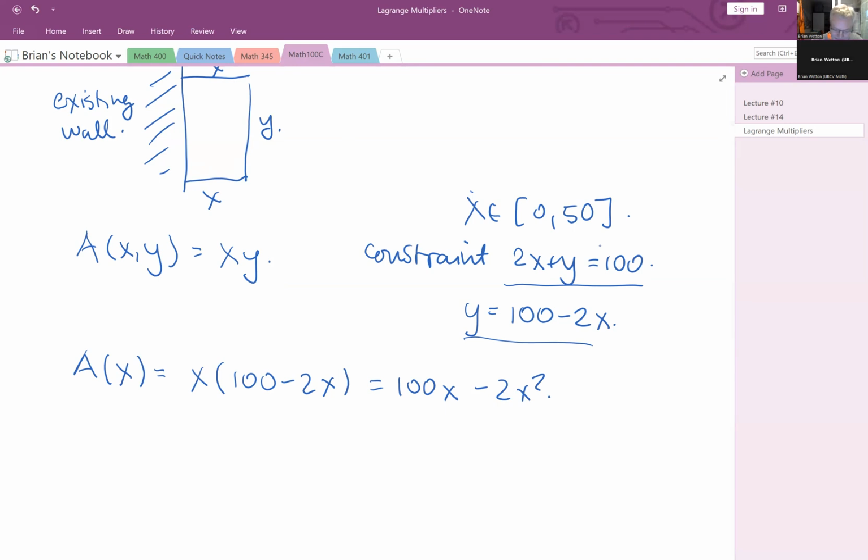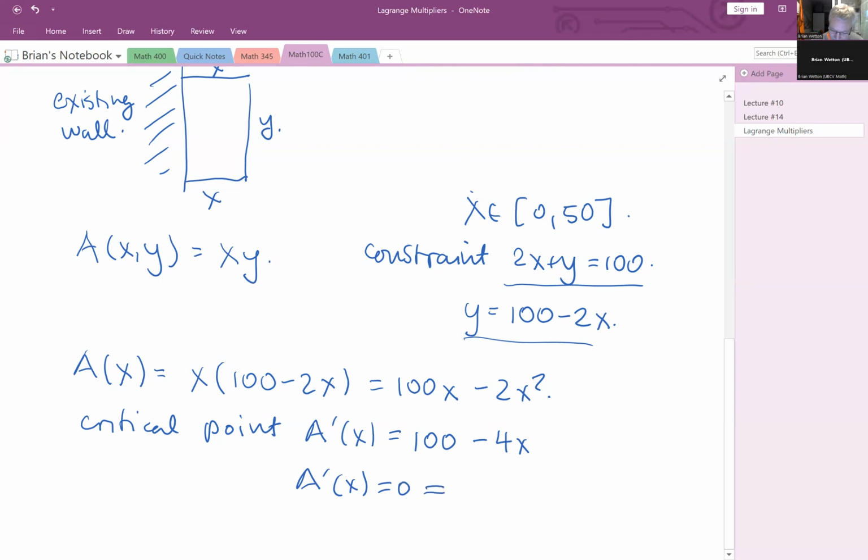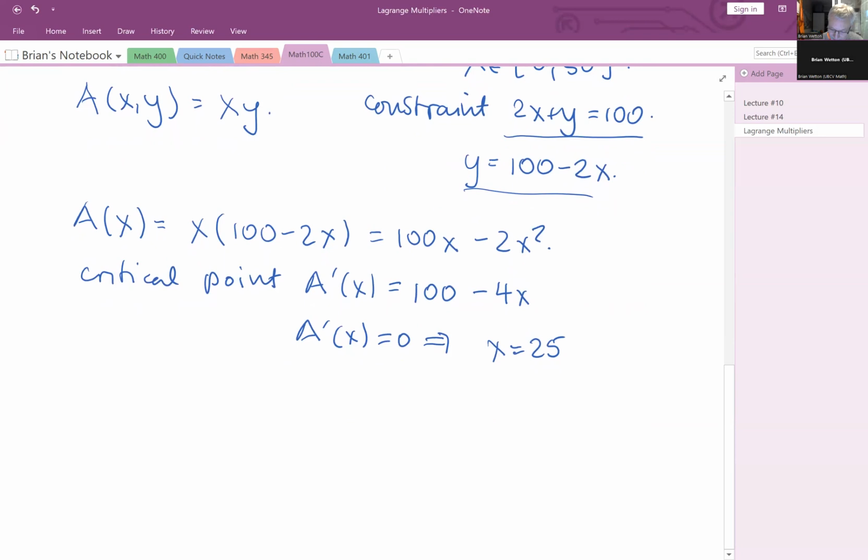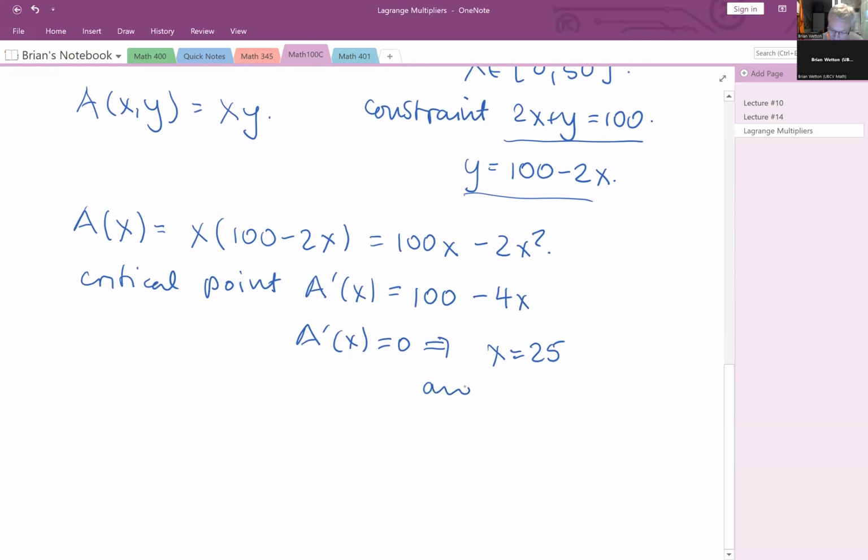So you know the maximum must occur at a critical point. So we calculate the derivative. We set it equal to 0. And that tells us that x is 25. And then we can go back and say, if x is 25, y is 50.